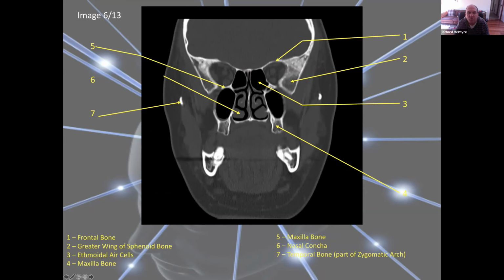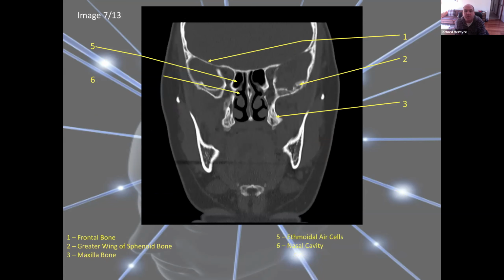We're getting back through, so there's the ethmoid air cells, and as we continue back posterior, we get towards the sphenoid sinus. And we're going anterior, so we're getting, again, the ethmoid sinus, we get the nasal concha, we'll get the nasal septum, okay. And then, of course, we have the maxillary bone there, okay. And the sphenoid bone, so the greater wing is sphenoid.